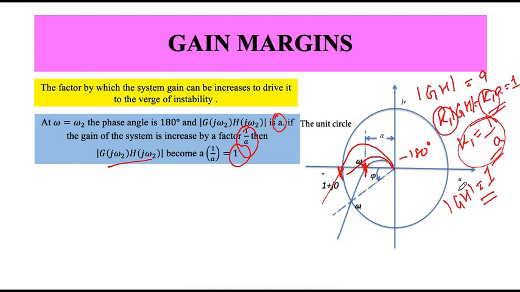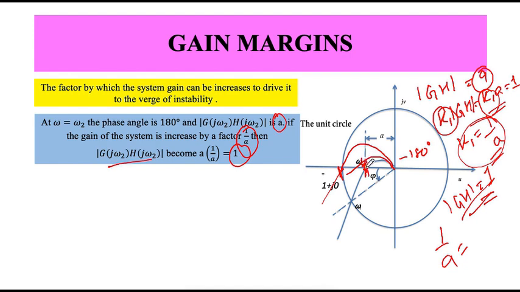So if the gain of the system is increased by 1 by A, then the magnitude of G becomes 1. This is the original magnitude A multiplied by the new factor K1, the additional gain which we put, 1 by A. This magnitude becomes 1.